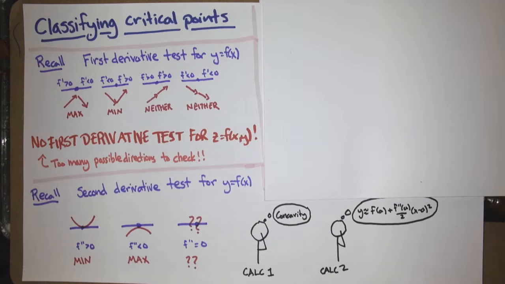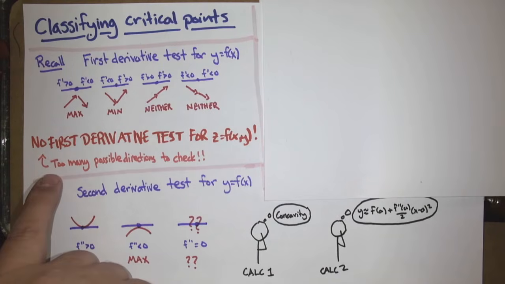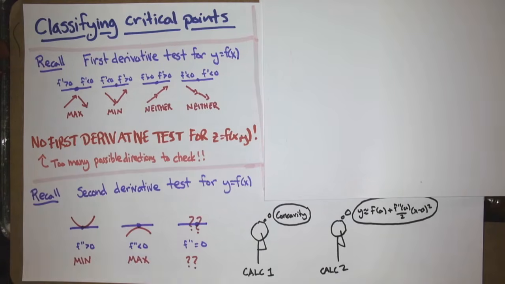What's the issue? Well, in single variable calculus, you only have to check 2 sides. When you think about a critical point, it's like, what's on the left? What's on the right? And that's only 2 sides. When you go into multivariable, how many ways can you approach a point? Well, sure, you can go along x, or you can go along y.